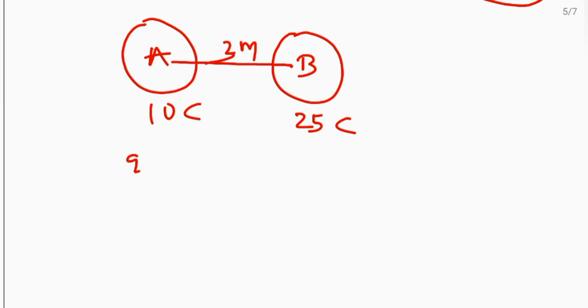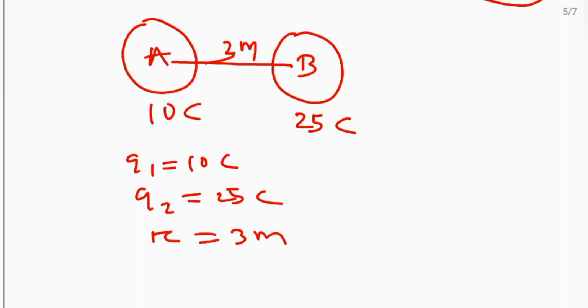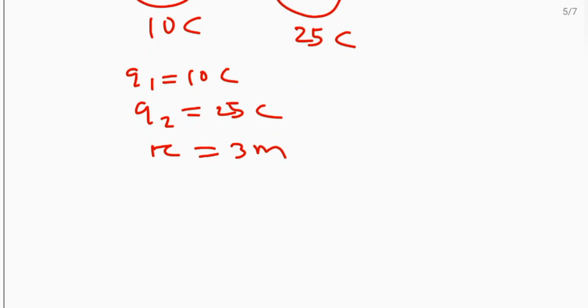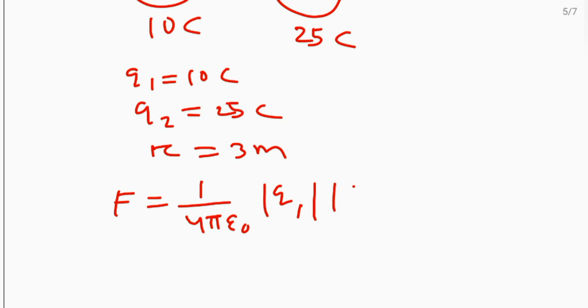So Q1 is 10 coulomb, Q2 is 25 coulomb, and R is 3 meter. So simply we can put these values in the expression of the force. So force is 1 by 4 pi epsilon, modulus Q1 into modulus Q2 by R square.